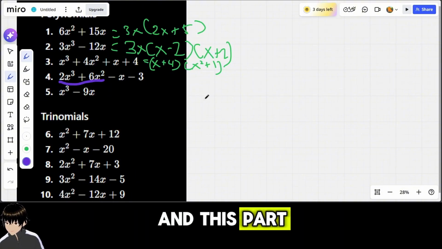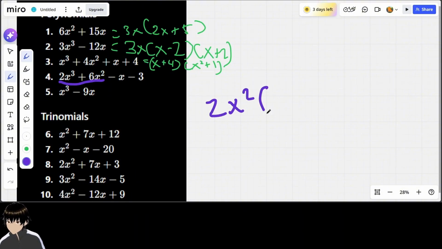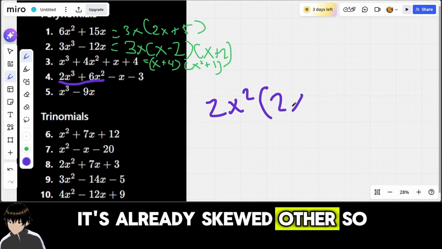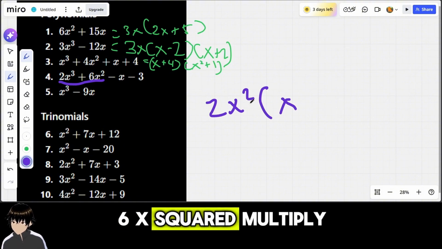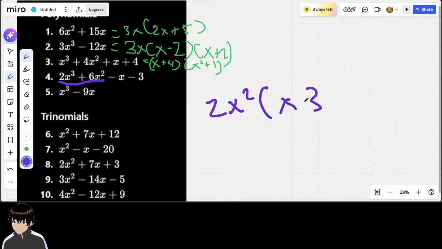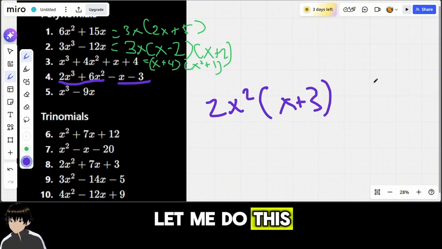And this part, so it's cubed. 2x, 6x squared divided by 2x squared. So 3. We do this.